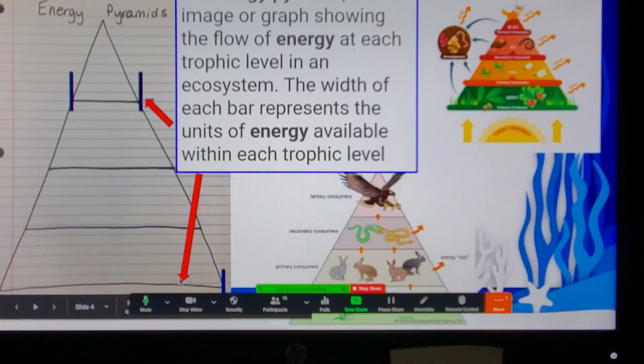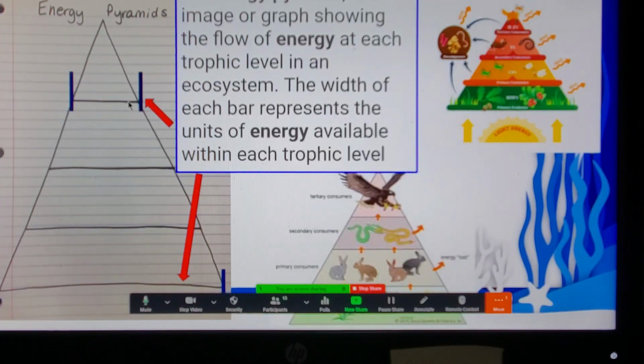And how wide the bottom line is, we made it to say, hey, look, a pyramid fits really well because the plants go down here. They're the foundation of everything. It's bigger down here. That represents how much energy. As you go up the pyramid, there's less energy.